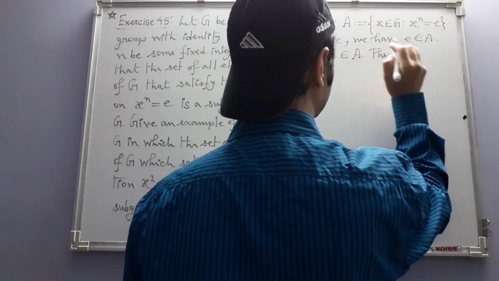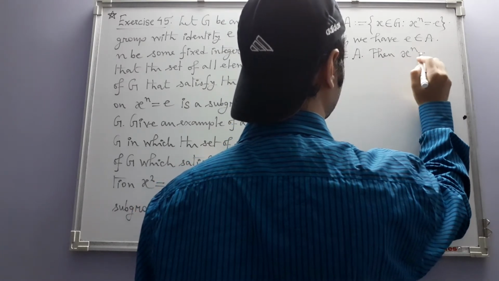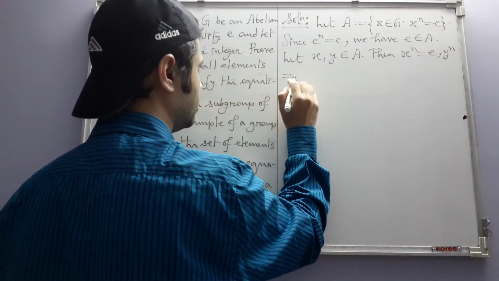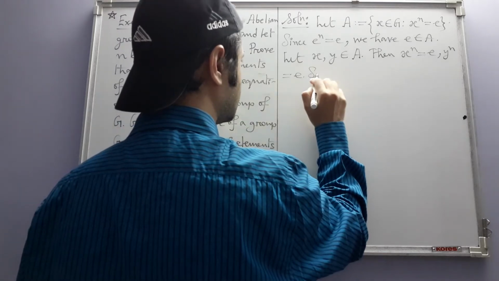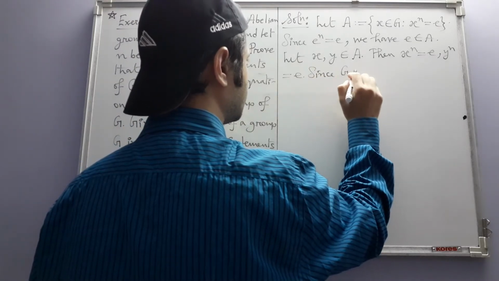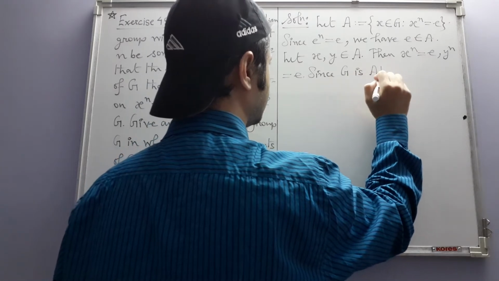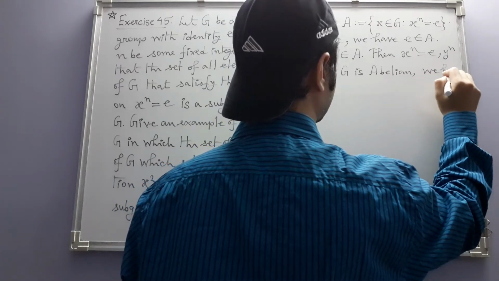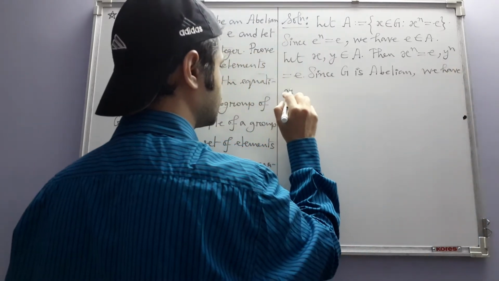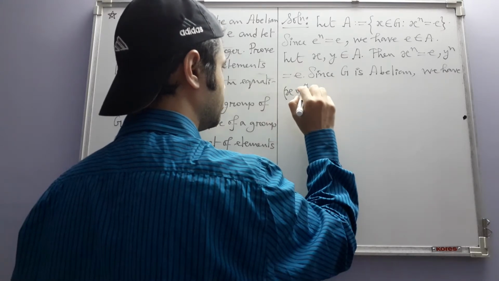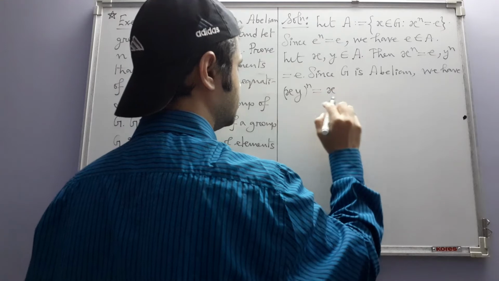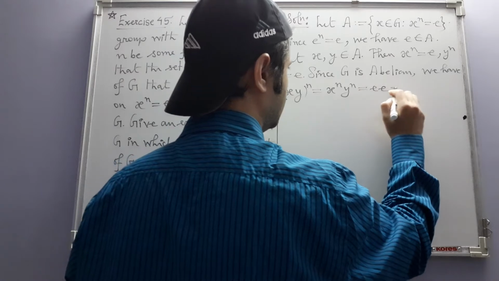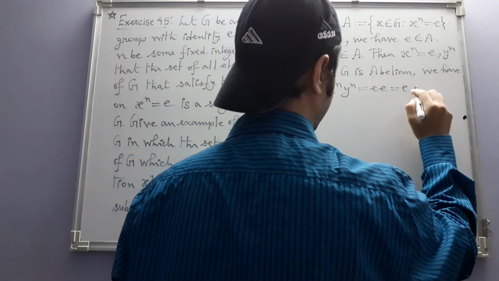Then x to the power N is E, and so is y to the power N. Since G is abelian, we have (xy) to the power N equal to this, which is EE, that is equal to E.